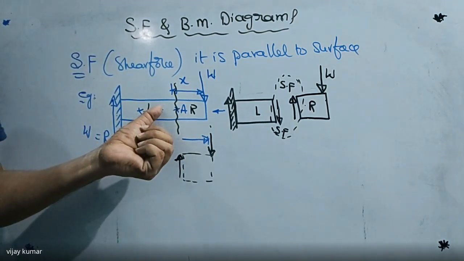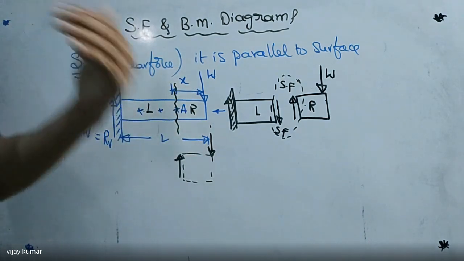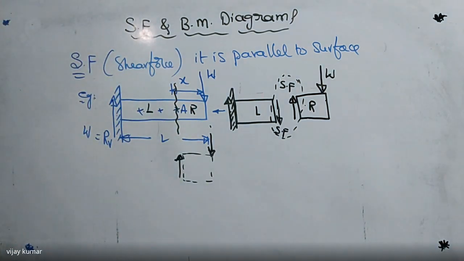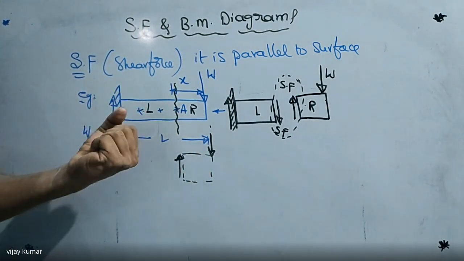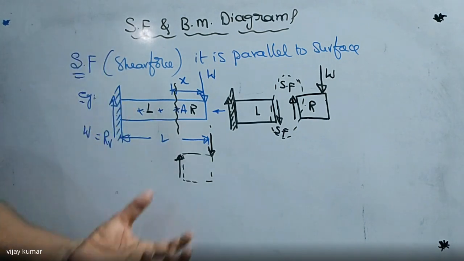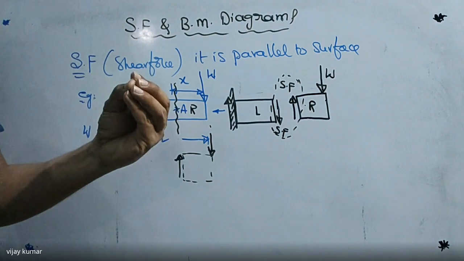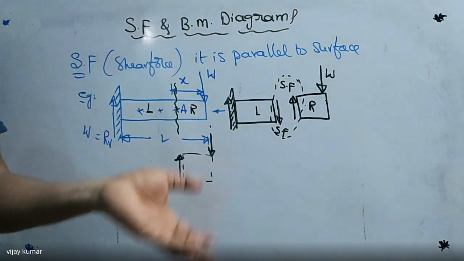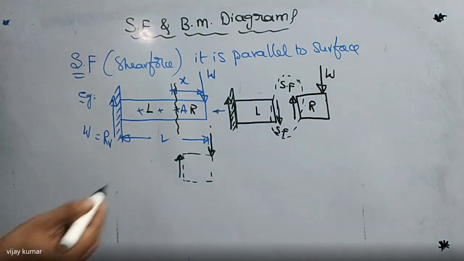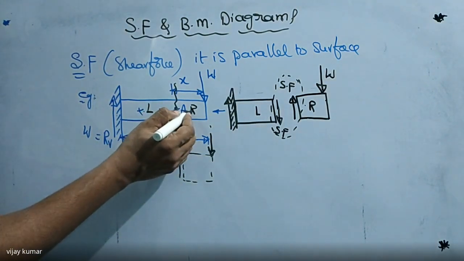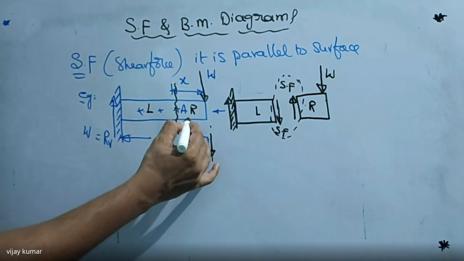If you take one point here, I want to find the shear force at any point along the length of the beam. What I am saying to you is, if you want to find the shear force at any point, we are going to define it like this. It is the algebraic sum of all the forces, whether moving in downward or upward direction, that is named as shear force. For example, this is the right portion, it has one force, and it also has one upward force.